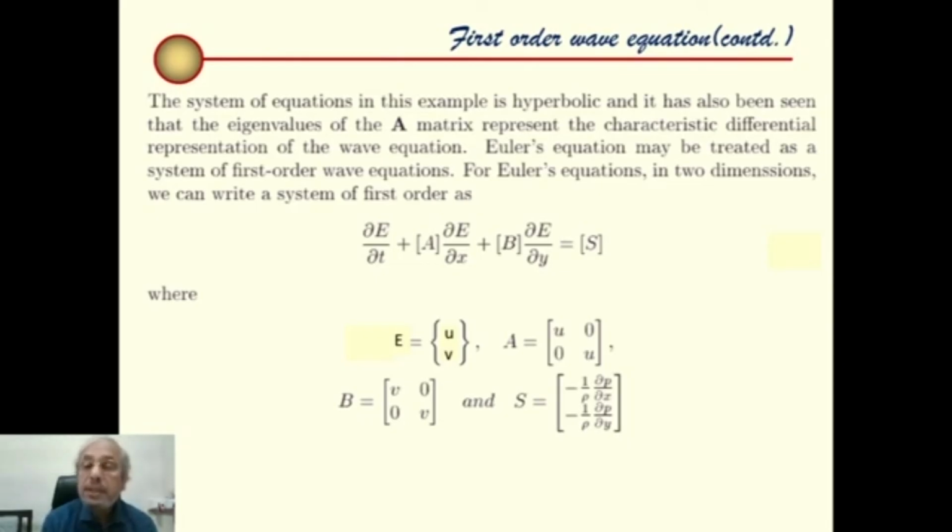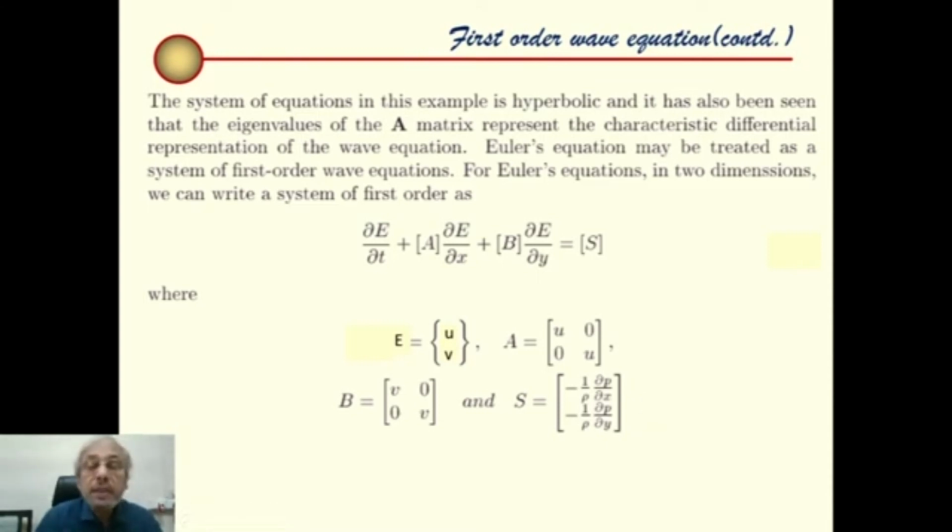For Euler's equations in 2 dimensions, we can write a system of first order equations as del E by del t plus A matrix del E del x plus B matrix del E del y equal to S, where E is an array of u and v, A is a matrix with elements u, 0, 0, u, B is another matrix with elements v, 0, 0, v, and S is a source term in Euler's equation, which are basically the pressure gradients, minus 1 by rho del p del x and minus 1 by rho del p del y.